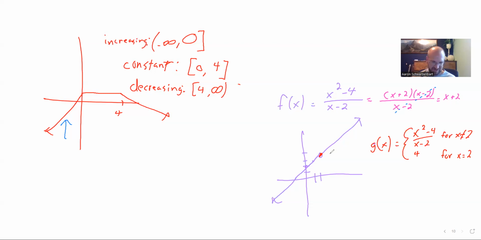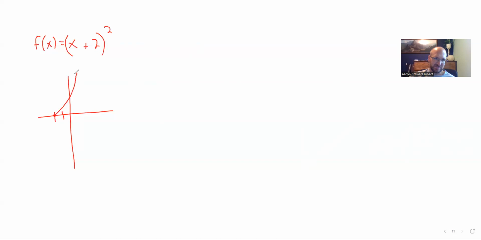Analyzing a function for increasing, decreasing behavior. Let's look at another one. This is example 6, f of x equals x plus 2 squared. And that is a graph that looks like this, vertex here at -2.